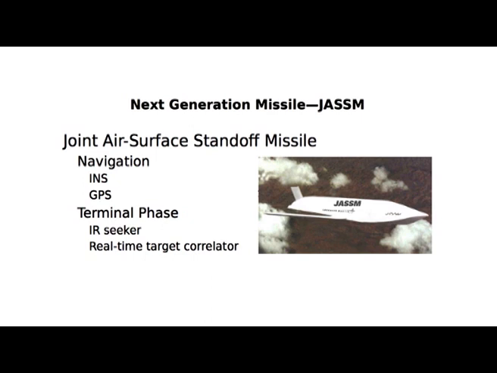Again we can see that all the technology utilized is geospatial: for navigation INS and GPS, and an infrared seeker and real time target correlator are used, and it is much more precise than the technology used earlier.